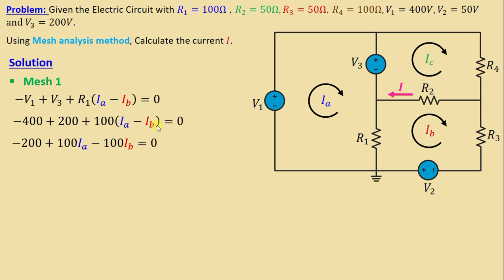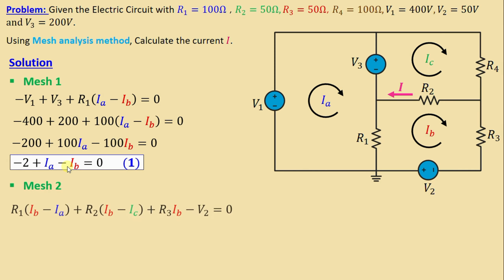If we continue simplifying this equation, we obtain negative 200 plus 100 IA minus 100 IB. And if we divide the whole equation by 100, we obtain finally negative 2 plus IA minus IB is equal to 0. After we finish from mesh 1, we go now to mesh 2.